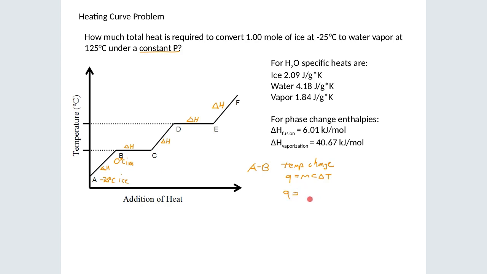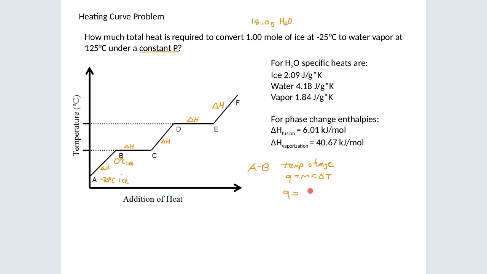So we start with the mass. Now here, notice that all of my specific heats are in values of grams. The problem told me moles. So I'm going to need to convert from moles of ice, H2O, to grams. Well, that's easy. I can just use the molar mass. And so I know I'm dealing with a sample that is 18 grams of H2O.